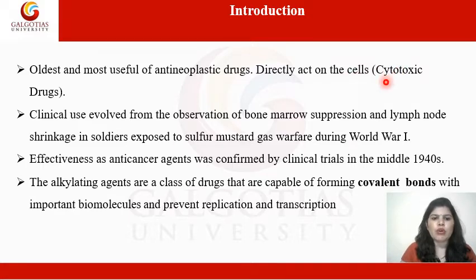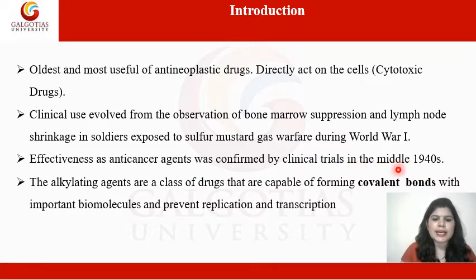Their clinical use evolved from the observation of bone marrow suppression and lymph node shrinkage in soldiers exposed to sulfur mustard gas warfare during World War I. These were first used in the First World War. Effectiveness as anti-cancer agents was confirmed by clinical trials in the mid-1940s.